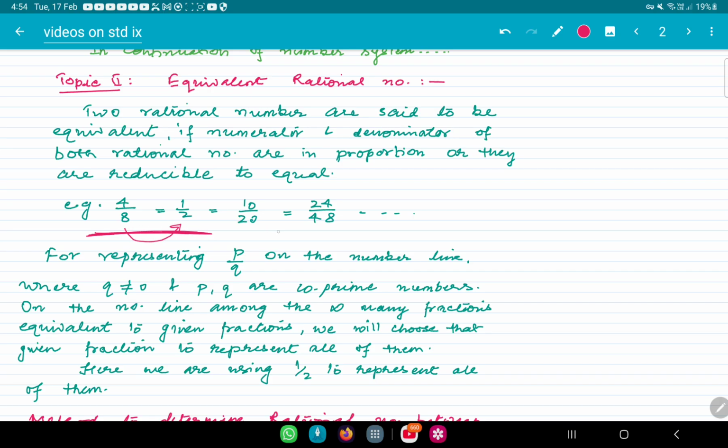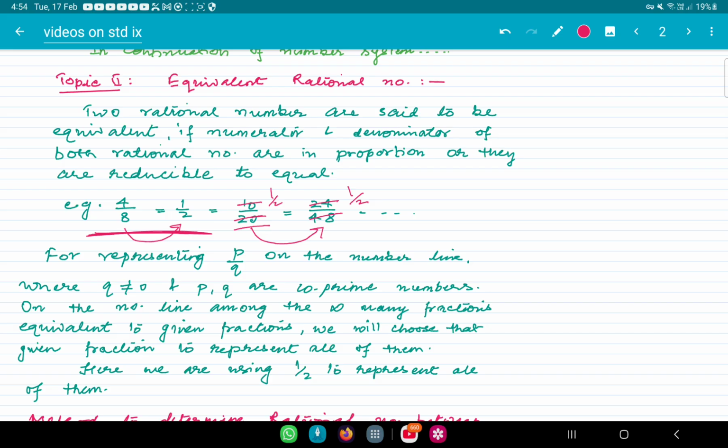And 10 by 20 can also be represented as 24 by 48. Why is it so? Because when we simplify 10 by 20, we get 1 by 2, and when we simplify 24 by 48, we also get 1 by 2. So they are all represented in the form of 1 by 2.